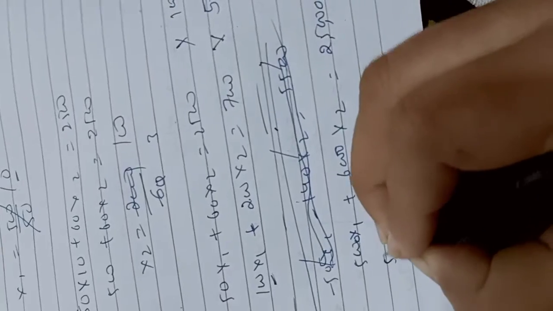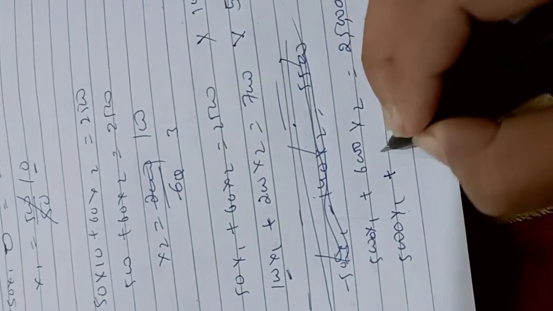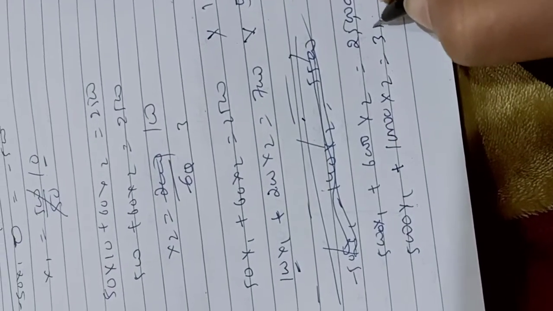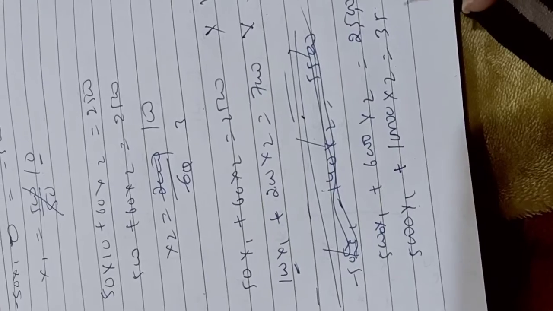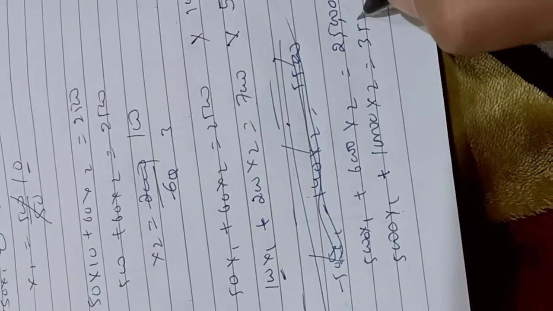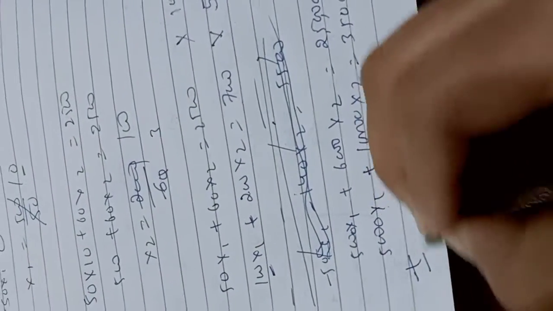Next, 5000x1 plus 10,000x2 is equal to 3,50,000. 7 fives are 35, so 3,50,000. Now substitute the signs, plus converted to minus.